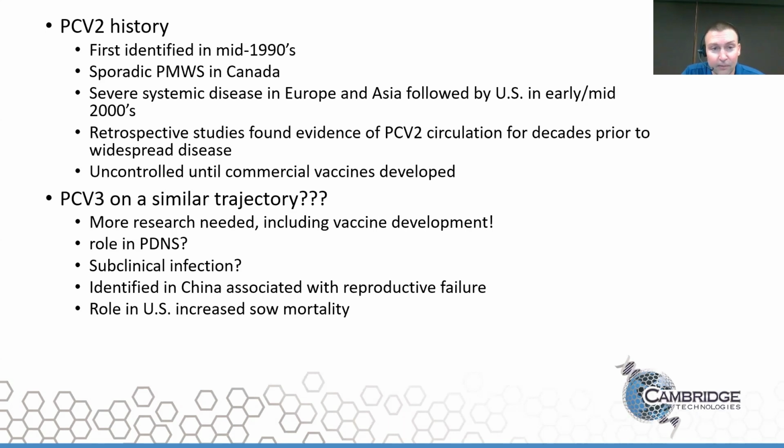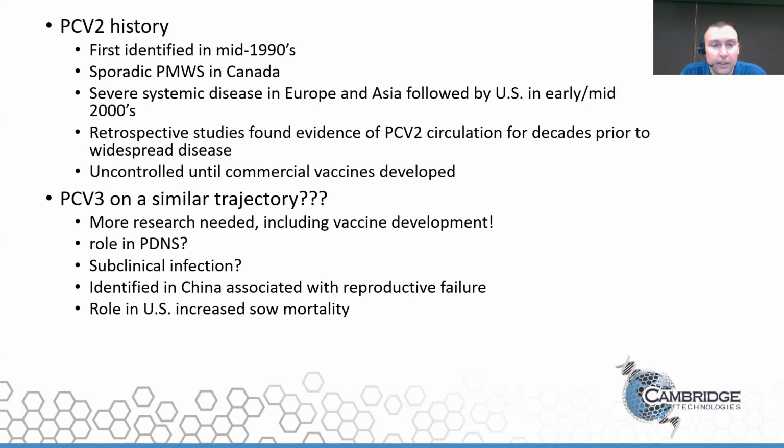So with PCV3, considering that historic precedent, now we have a new circovirus with a demonstrated role in PDNS and reproductive failure. I presented data that says this virus is fairly widespread in the U.S. swine herd. There have been a couple of papers out recently, in the last couple of months, where they've identified PCV3 in China and associated it with reproductive failure.